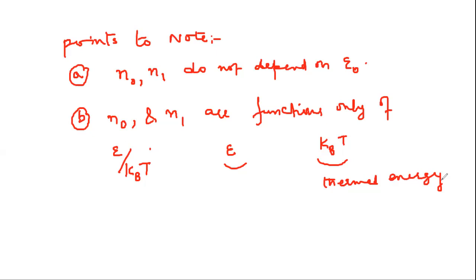Now this thermal energy kT is determined by the temperature T at which the system has attained equilibrium, right? Equivalently, you can write epsilon by kT as the ratio of two temperatures. Let me use another color, black.